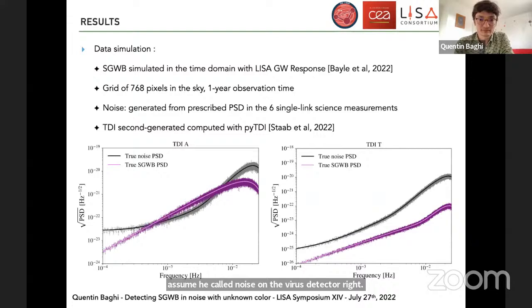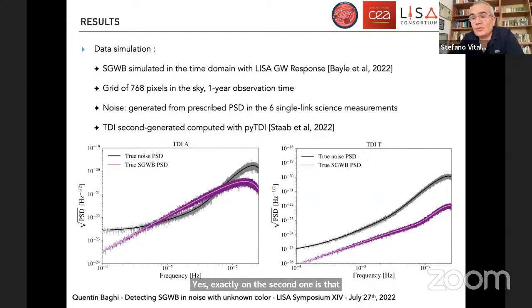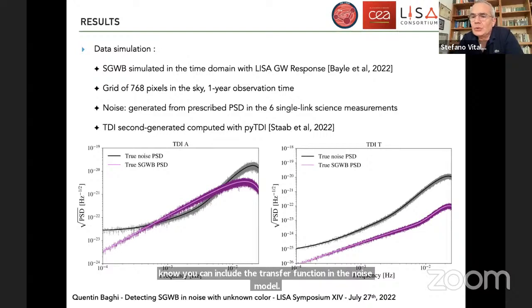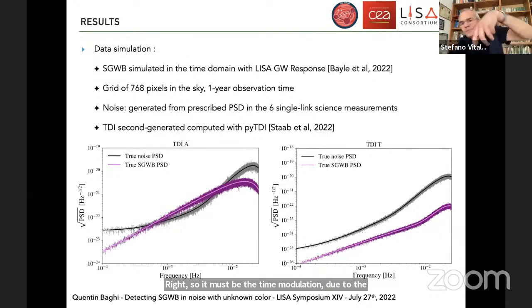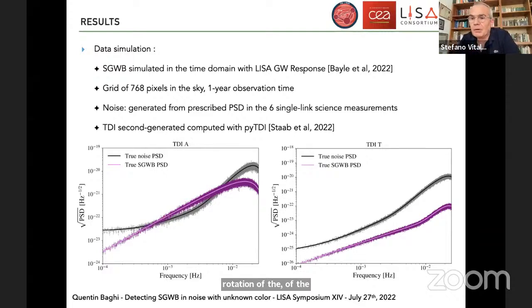The second one is that the transfer function of the noise should play no role, because if you leave the model of the noise completely free and the noise is stationary, you can include the transfer function in the noise model, right? So it must be the time modulation due to the rotation of the constellation plus the orthogonality that allow you to discriminate. What is your sense? What is discriminating between the two?